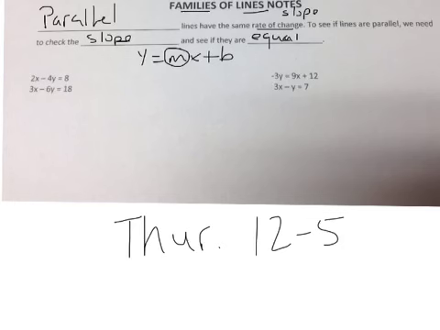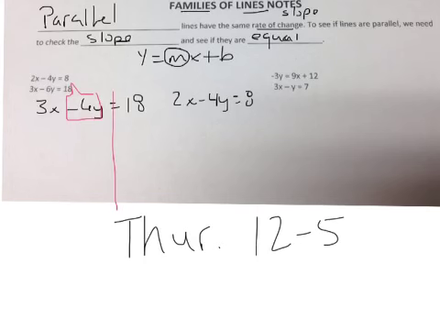So I'm going to write these out here, side by side. 3x minus 6y equals 18, and then 2x minus 4y equals 8. And we're going to solve these for y. So I box, draw my line down, minus 3x, minus 3x. That cancels out.